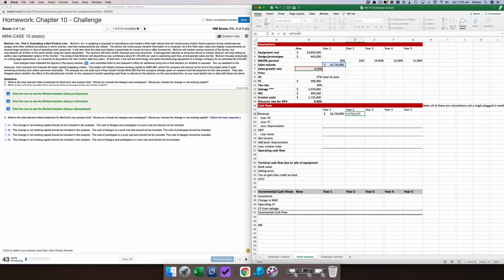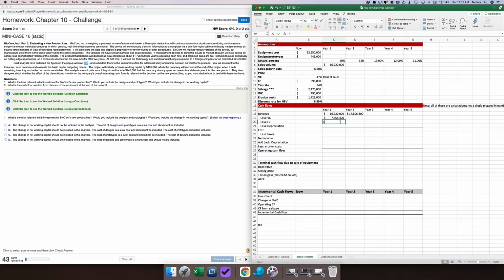And if we make that column B an absolute cell reference, then we can just autofill that. Then our variable costs are going to be 47% of revenue, and again, if we make that 47% figure absolute, that will be able to be autofilled.